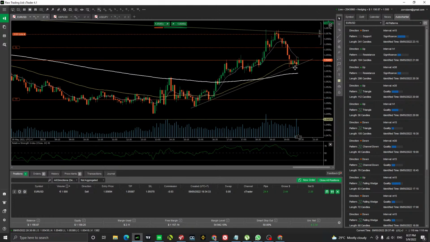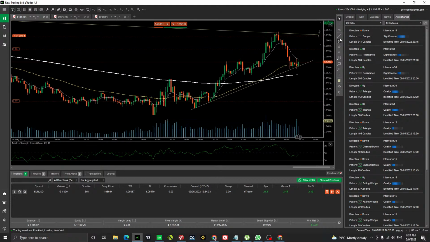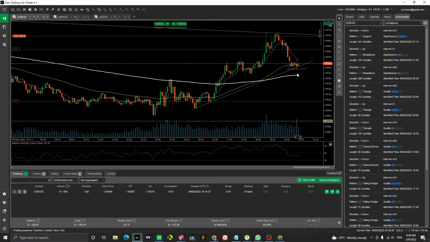If the next candle breaks this area, so this is now, here's a small support based on the moving average, the 55. So it's in a support area right now. Also because of these candles here, it's in a support area.